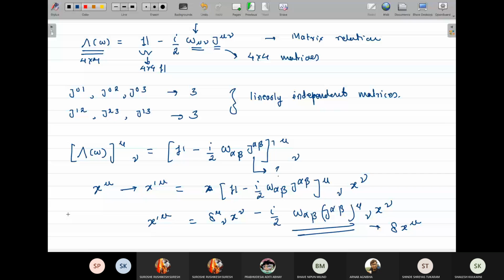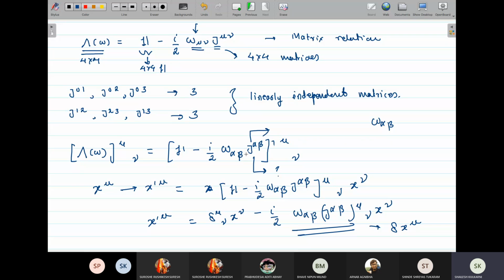Sir, this omega mu nu is a 4 by 4 matrix, right? No, each omega is not a matrix. Omega alpha beta represents the parameters. This J is a 4 cross 4 matrix. This is just a parameter. You tell me what alpha, beta is.